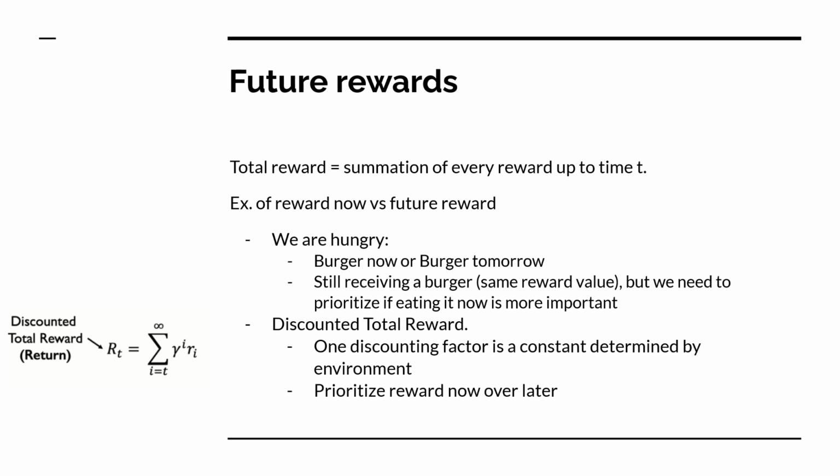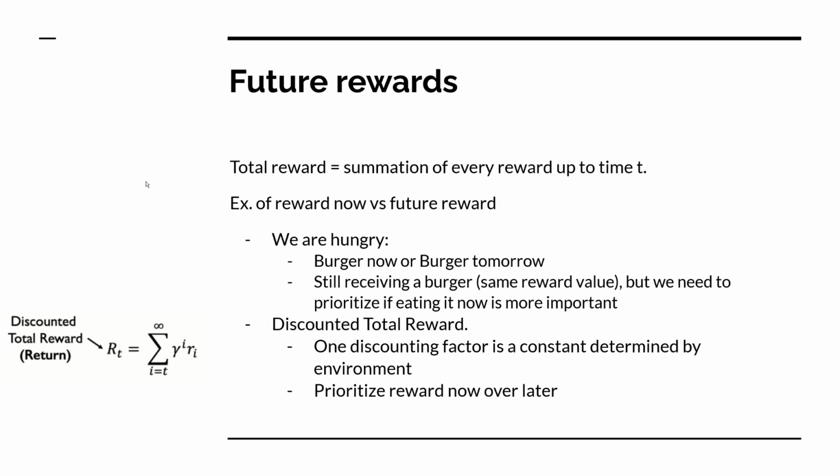So then this is when we introduce something called a discounted total reward, right? Now, we have a discounting factor. This discounting factor is a constant that is determined by the environment, and this helps us prioritize reward now over later.